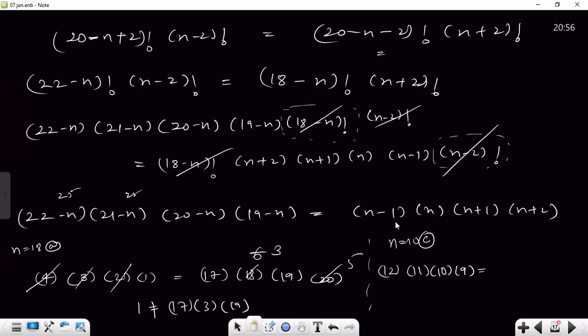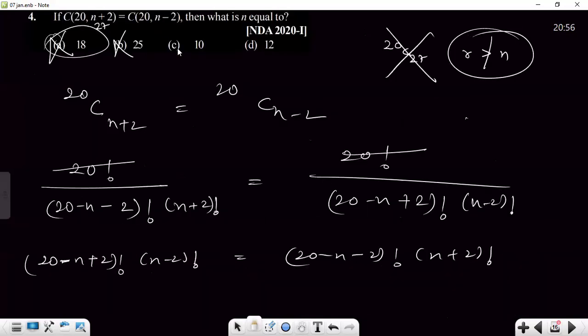In decreasing order, yes. (n-1) is 9, then 10, 11, 12. Yes, 9 is there, 10 is there, 11 is there, 12 is there. 1 is equal to 1. Yes, definitely, option C is the correct answer.